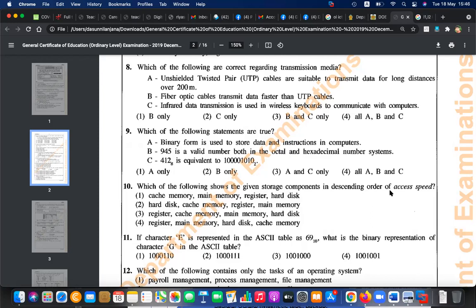Question number 9. Which of the following statements are true? Binary form is used to store data and instructions in computers. Then 945 is a valid number for both octal and hexadecimal.